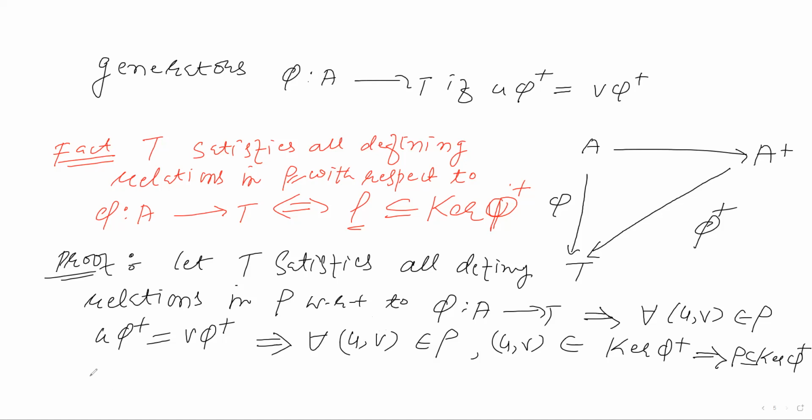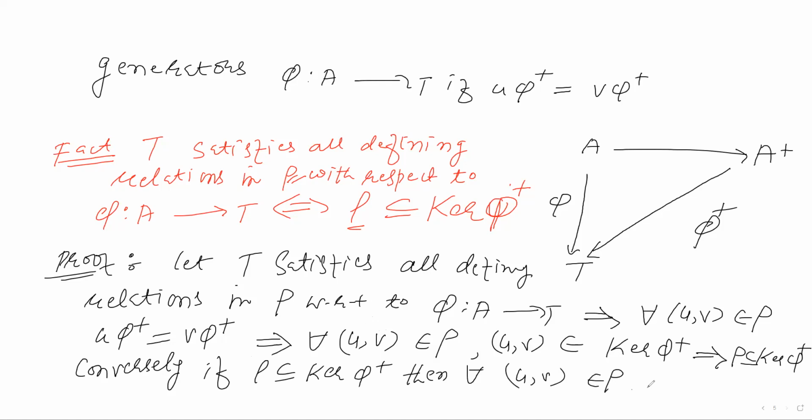And conversely, if rho is contained in the kernel of phi plus, then for all (u, v) in rho, u phi plus is v phi plus. It means T satisfies all the defining relations with respect to phi.